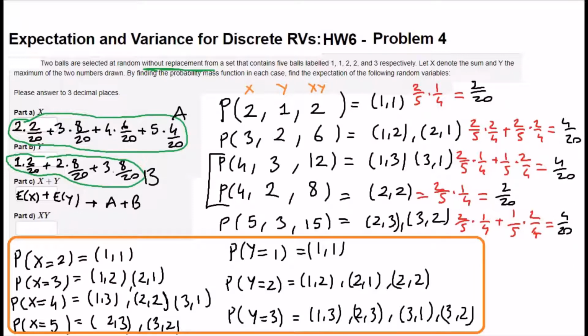Now we can apply the definition of expectation. So by the definition of expectation, we're going to multiply x times the probability p.